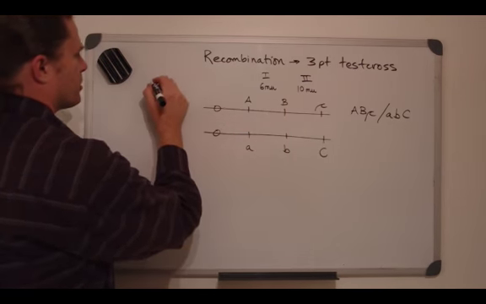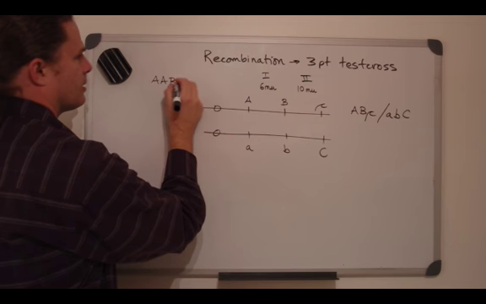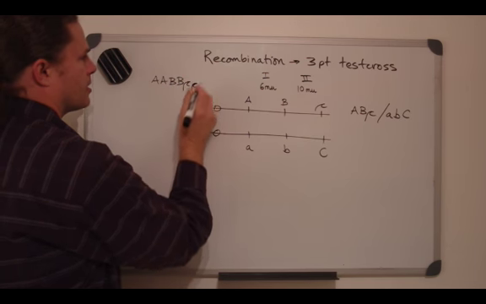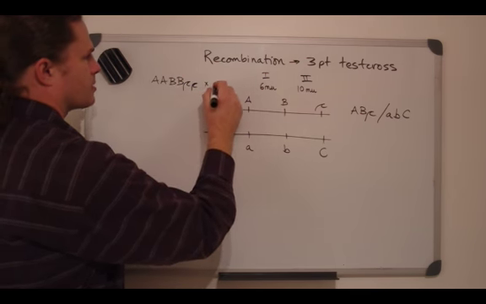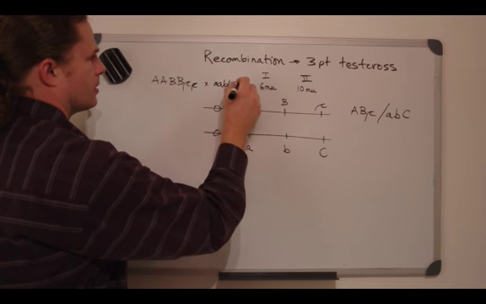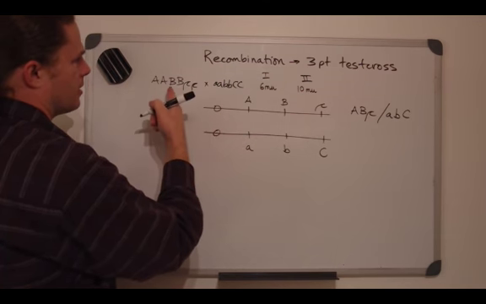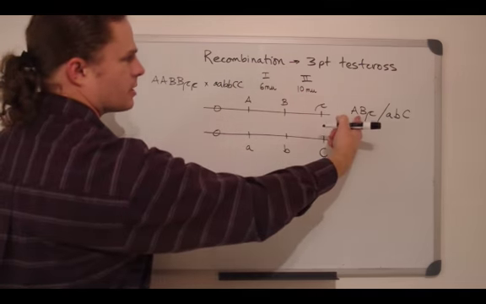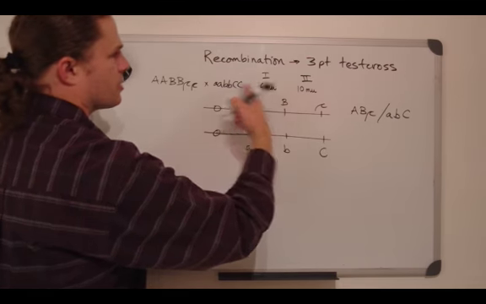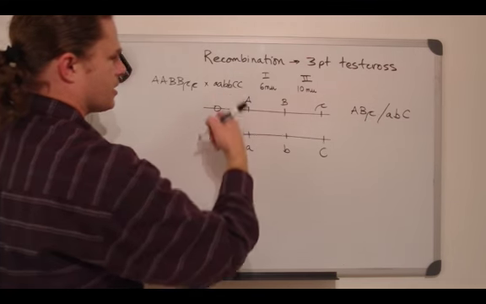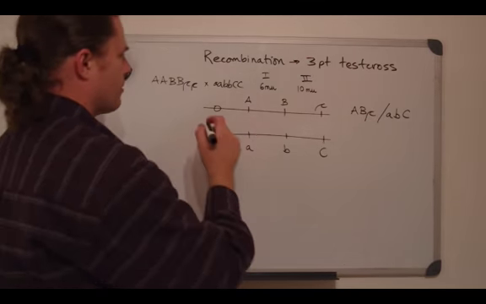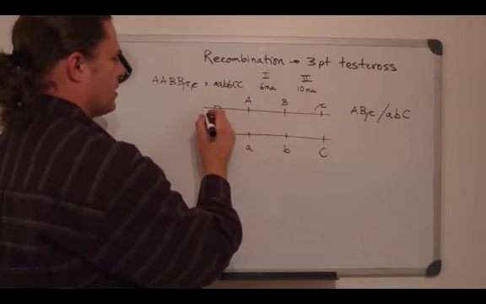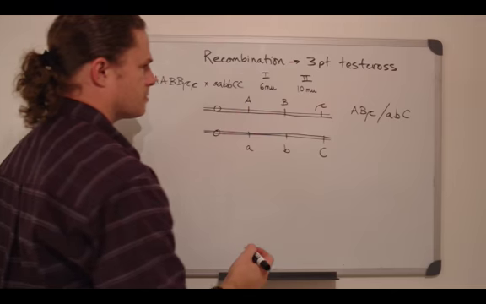So if this came from pure lines, it would have been this as the one parent and then crossed with this as the other parent. And this one would have kicked in this gamete, and this one would have kicked in this gamete to give us the trihybrid.